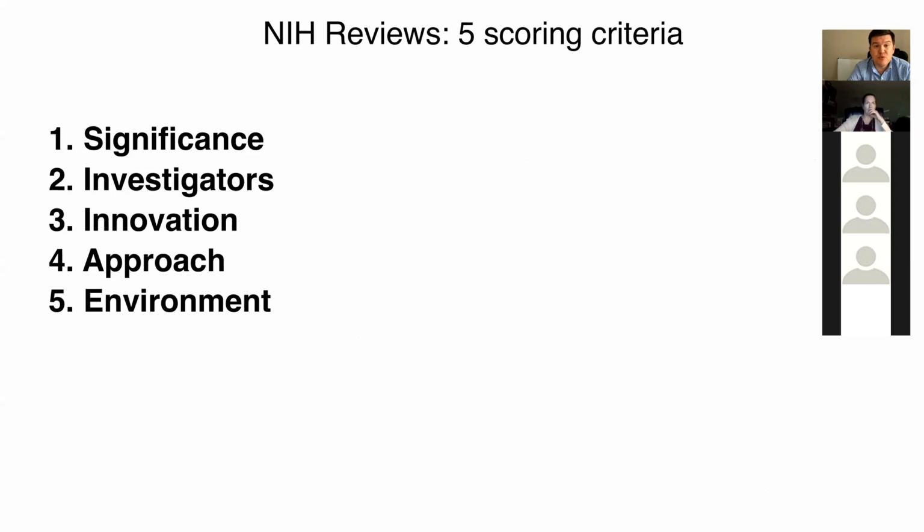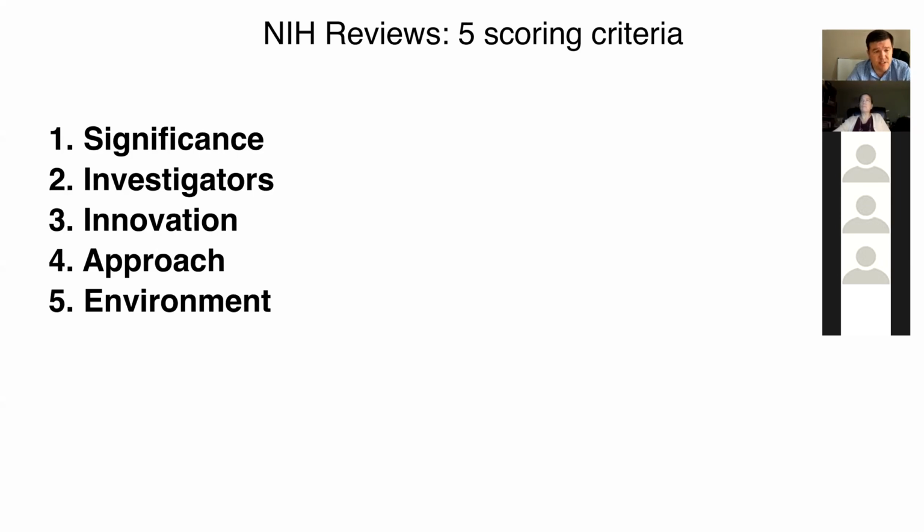So with this, we'll switch to these key slides. As I was indicating previously, there are 5 key NIH criteria based on which the proposals are getting scored. The first one is significance. So again, with respect to your grant application text, the significance section is a key section of the application, and the reviewers are making their decision on whether your proposal is significant, whether the research you're proposing is significant.